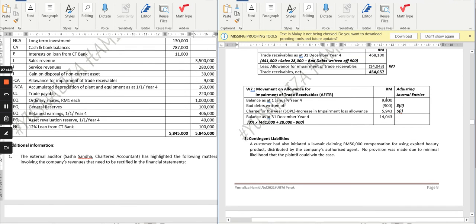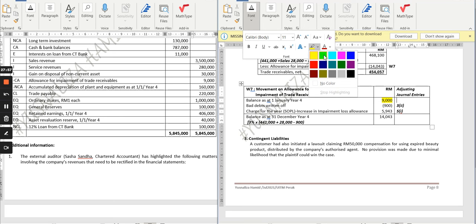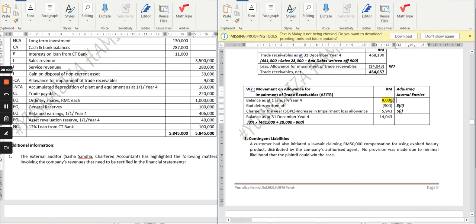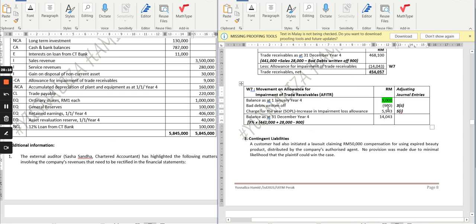Put it here. Then you include the bad debts written off just now. Remember, we debit the allowance, meaning that we reduce it. That was journal entry number 3.2.